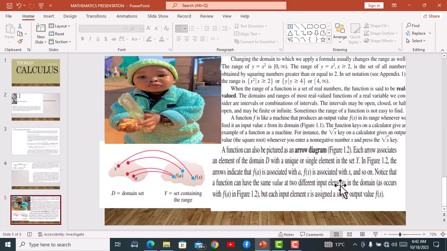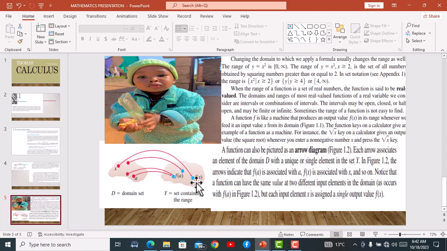Now let's read this, it is very important. Notice that a function can have the same value at two different input elements in the domain, but each input element x is assigned a single output value, and we will demonstrate this very much when we are doing the problems. As you can see here, we have an x value from the set of the domain, and it has a corresponding y value.